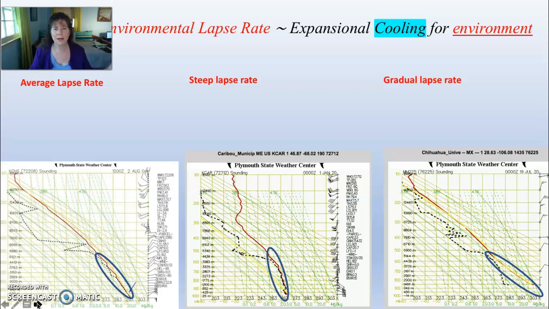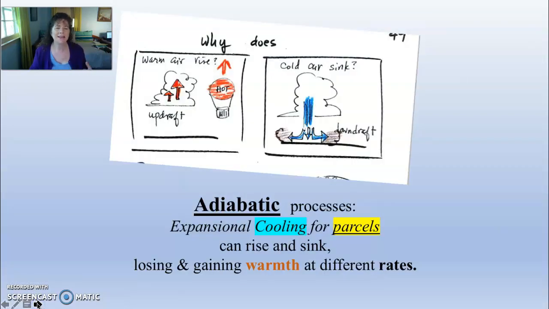You've already learned about it, now we have to name it. That process is called the adiabatic processes. The adiabatic processes are just a fancy word for the expansional cooling and the compressional warming of the parcel alone.